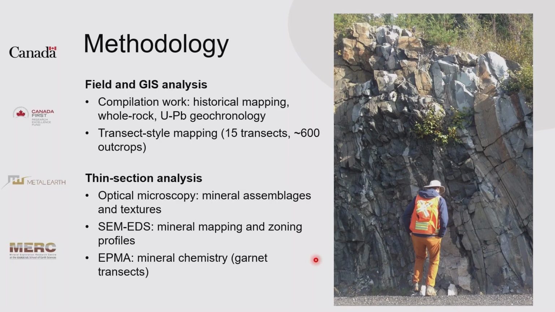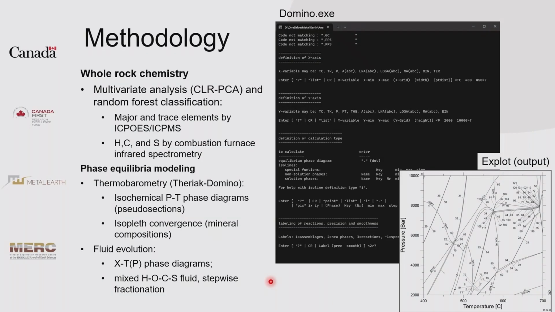We did SEM EDS for target samples that we want to do thermobarometry on, and then probe chemistry for garnet and other phases, biotite, plagioclase, etc. For the whole rock chemistry, I carried out multivariate analysis: centered log-ratio transformation and then principal component analysis, to look at the major and trace elements.